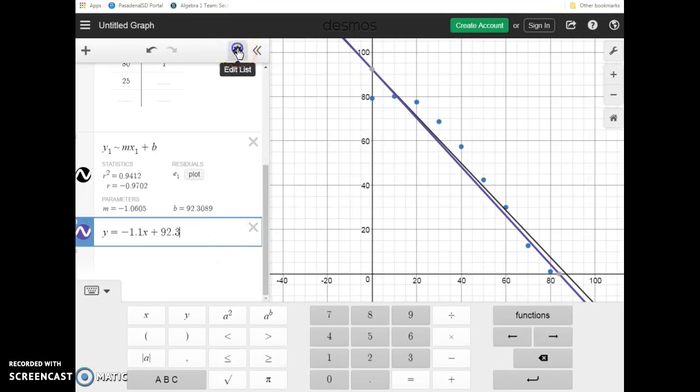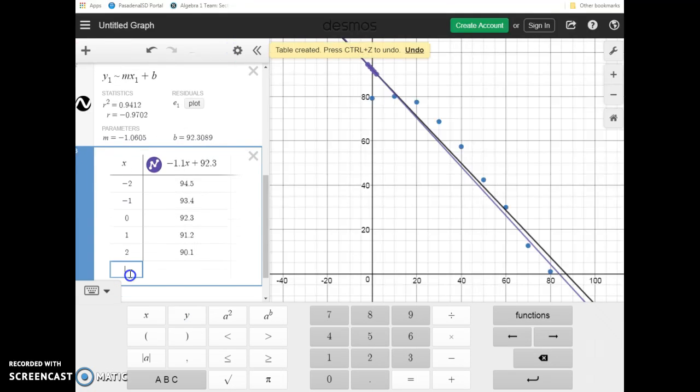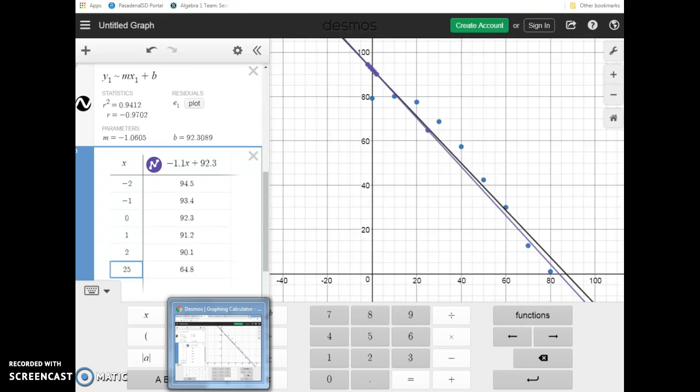And we're going to do the settings. I want the table for it, and I want to know what happens at 25, because that's going to make the prediction of where it's going to fall in. Okay? So my prediction is that if the city has a latitude of 25 degrees, then it's going to be 64.8. So let's write that down.